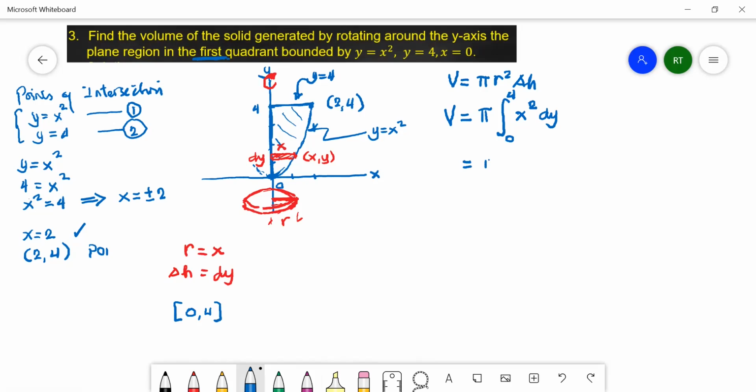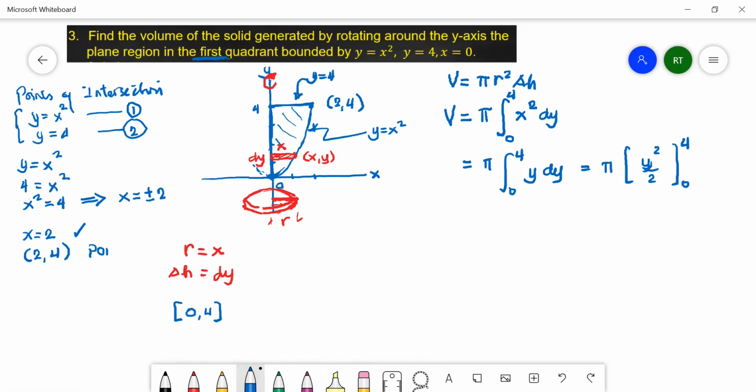The volume is equal to pi times the integral from 0 to 4 of y dy. The integral of y dy is y squared over 2, and we have to evaluate this from the lower limit 0 to the upper limit 4.